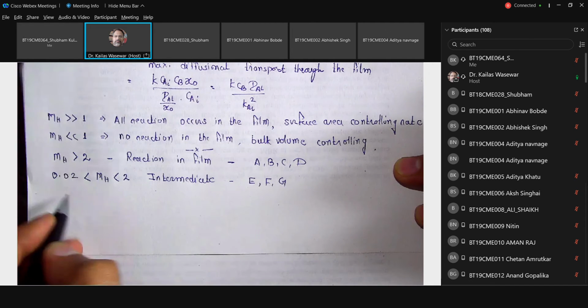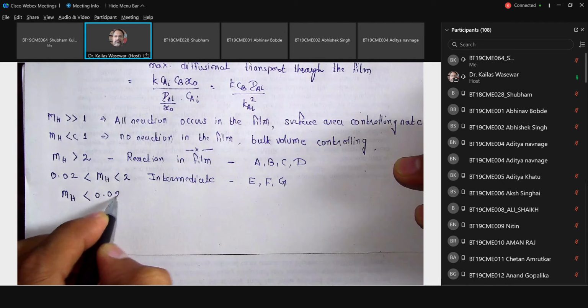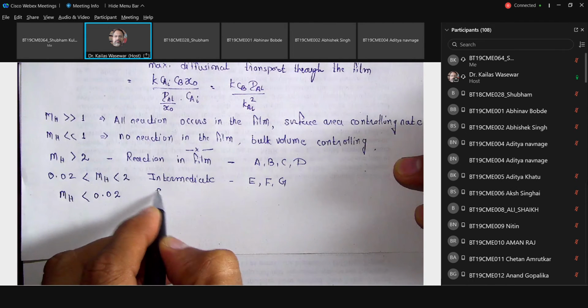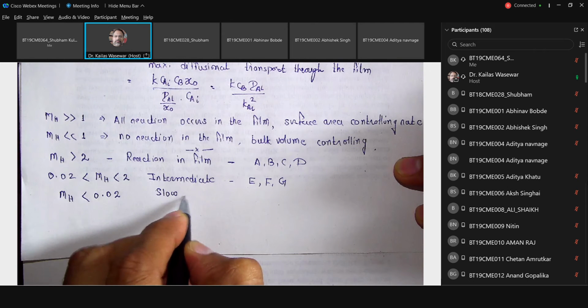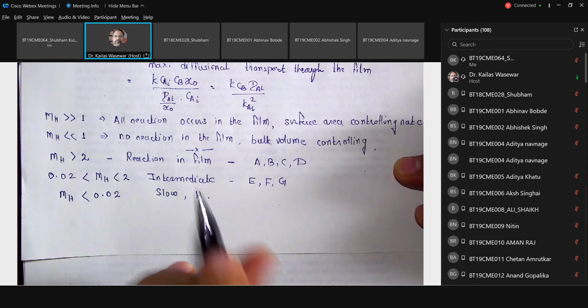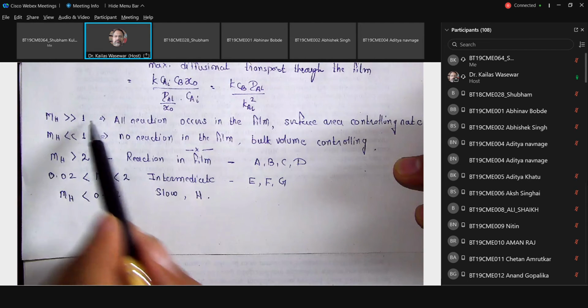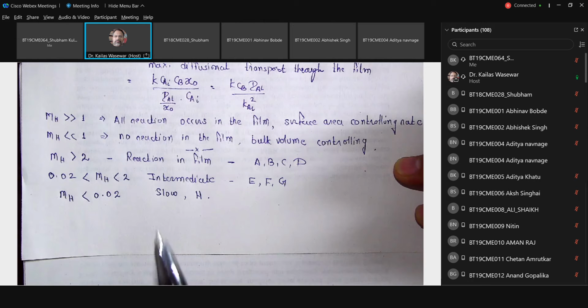And if MH is very small, say 0.02, it will be the slow reaction, and that is H. So when MH is large, we need a large interfacial surface area.